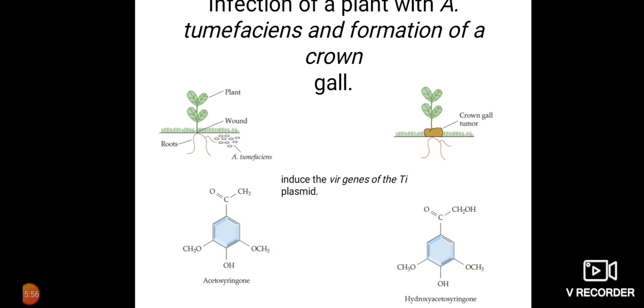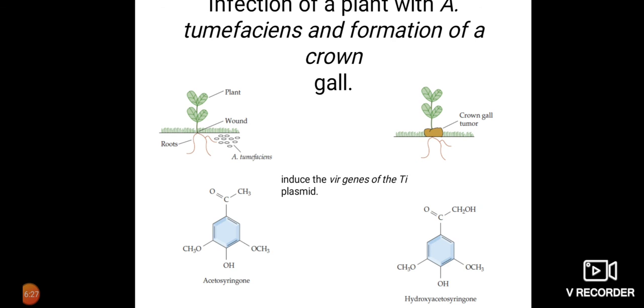When people studied this bacterium extensively, to see why it causes tumorigenesis, the uncontrolled division of cells at that region, they identified that it carries a plasmid called the Ti plasmid, the tumor-inducing plasmid.